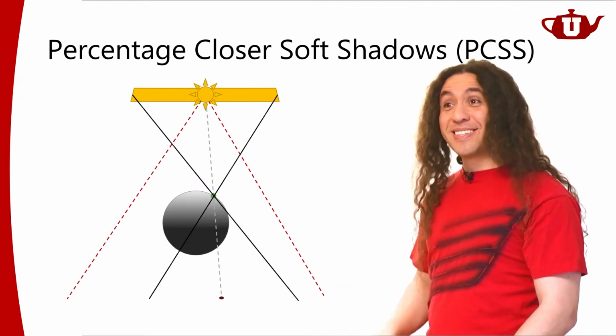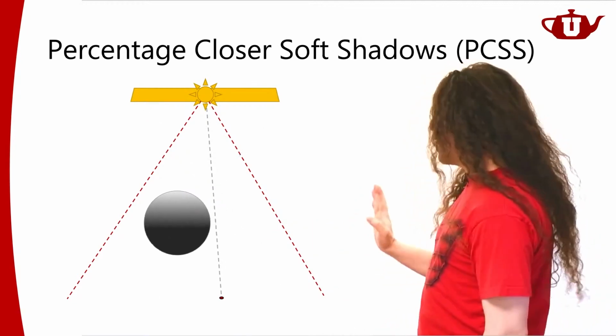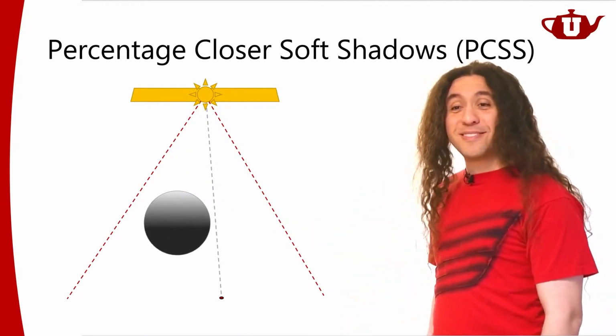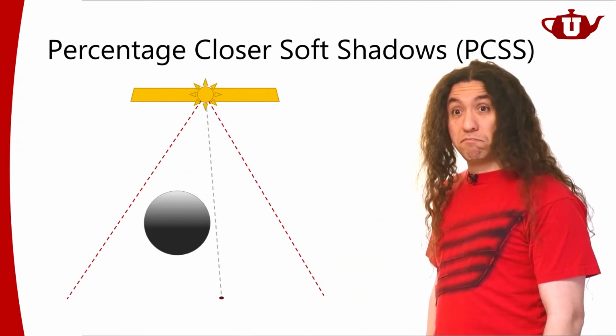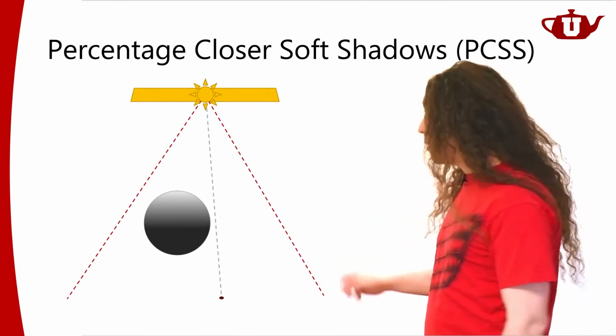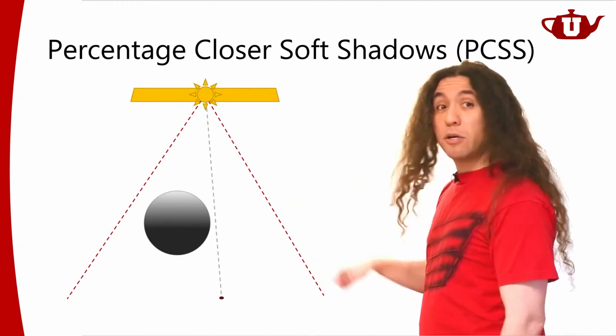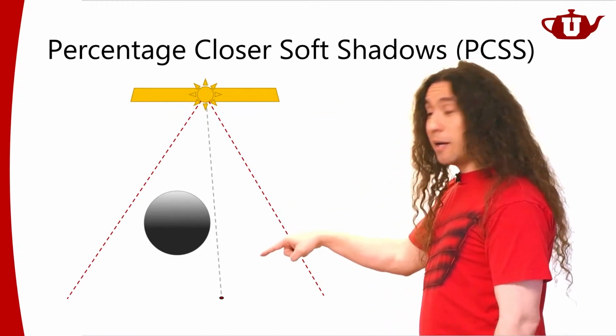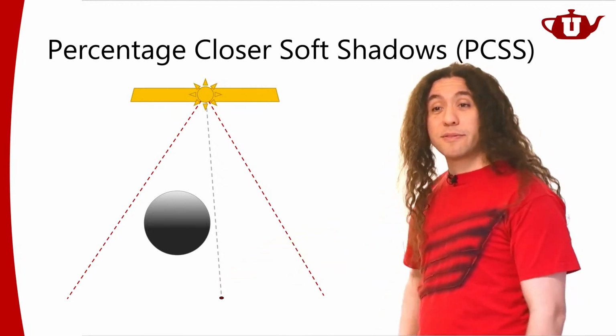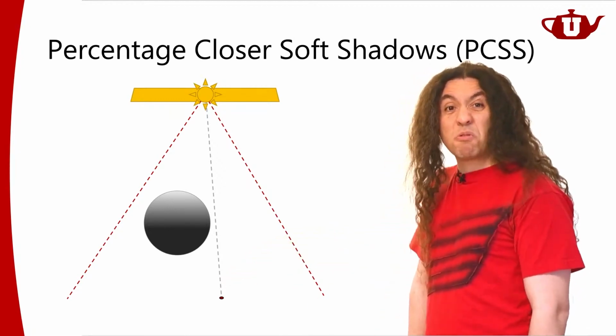What if my object was a little off? What happened now? Well, if I look at the depth map value for this point, I'm going to find this point itself. There's no occluder, right?